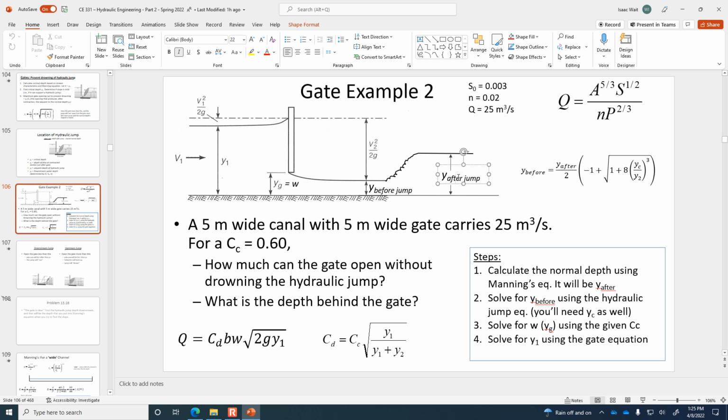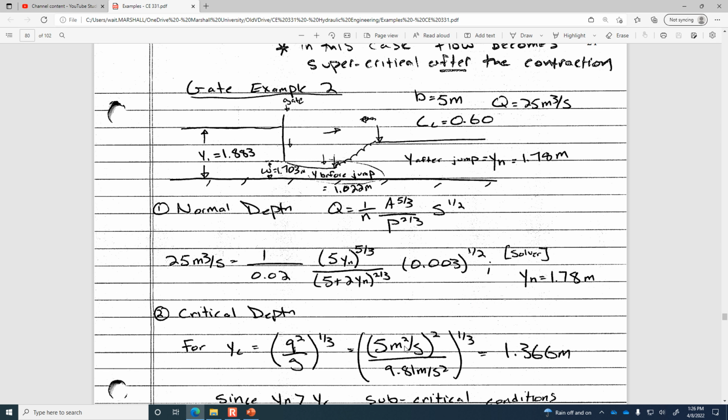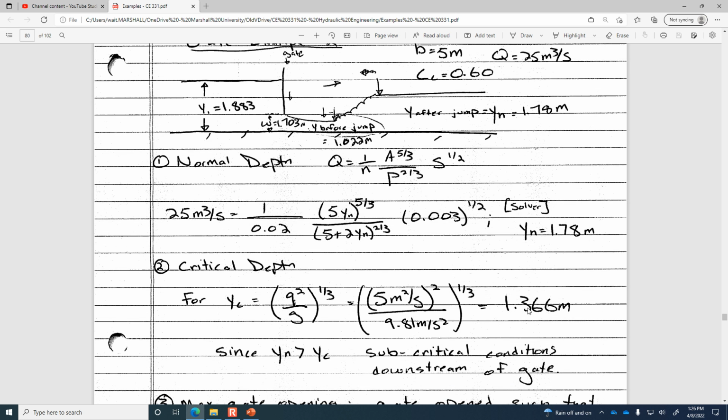And we're going to use that, number one, to assess whether this slope is steep or mild. When we calculate the critical depth, for example, the critical depth is 1.366 meters. And so if the normal depth is greater than the critical depth, that means the flow conditions under normal circumstances are subcritical and the slope is mild.